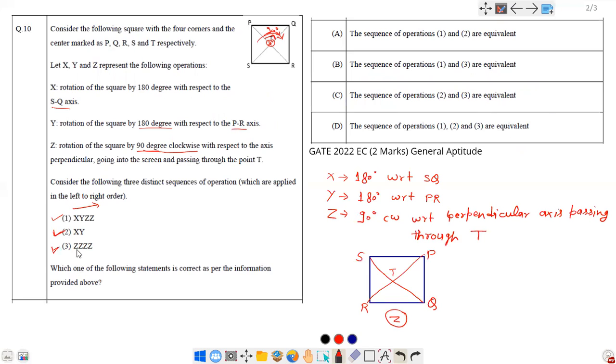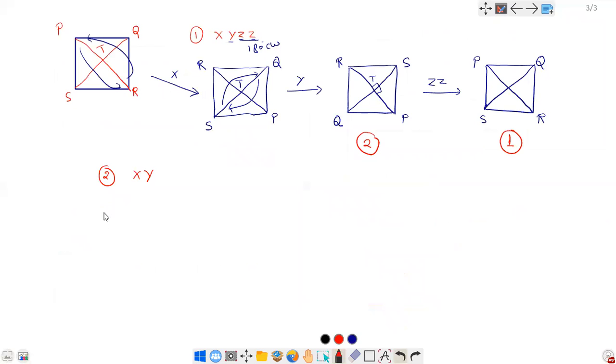Now the third sequence is we are performing the z operation 4 times, z, z, z and z, right?